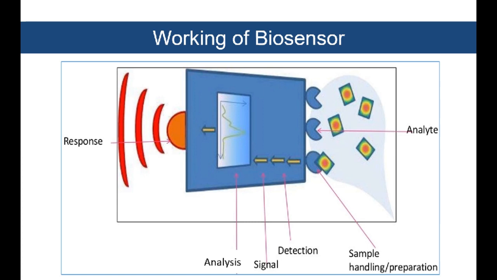That change is further detected and converted with the help of the transducer to a measurable signal, and that signal is further transmitted for analysis, which we can see in the graph. As per that analysis, the response is figured out by the processor, and that response is transmitted back.